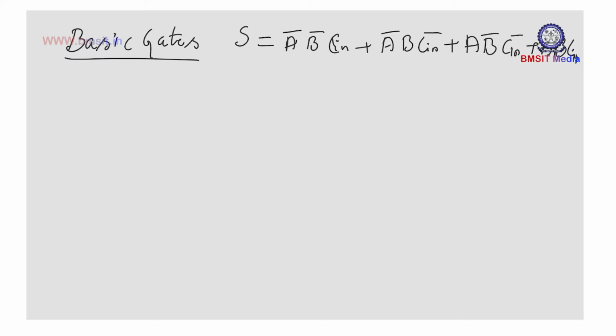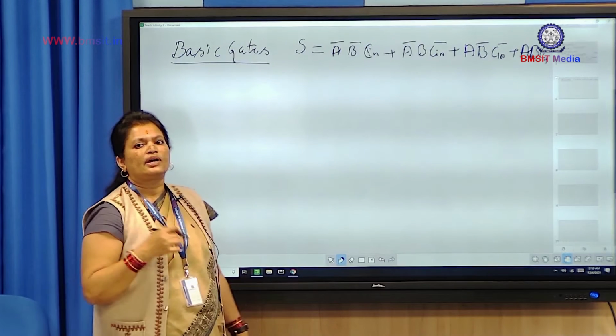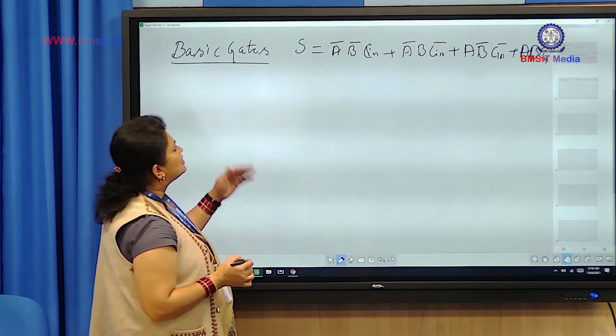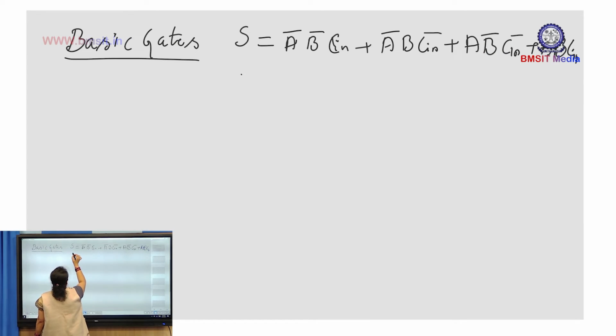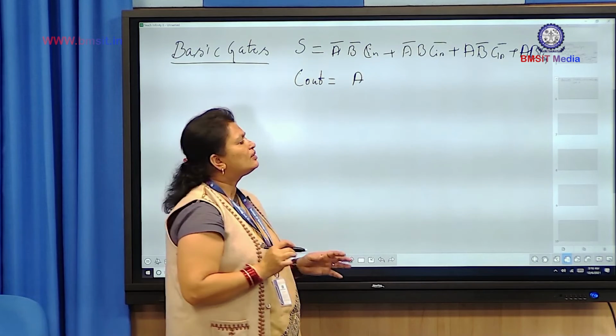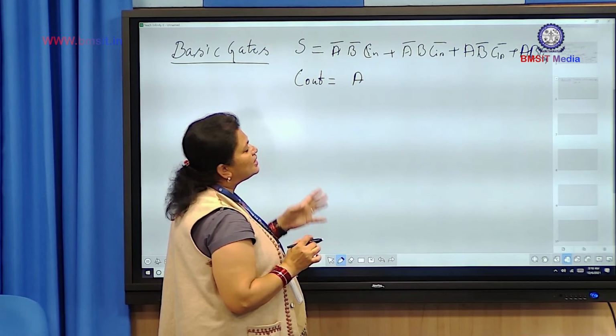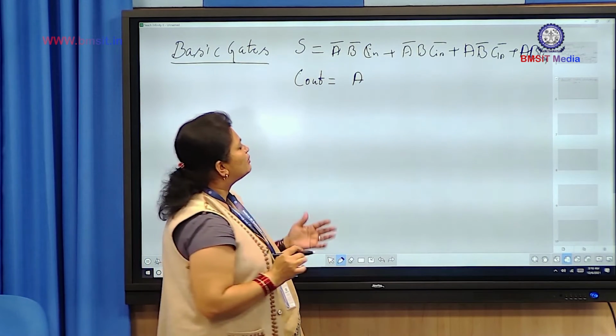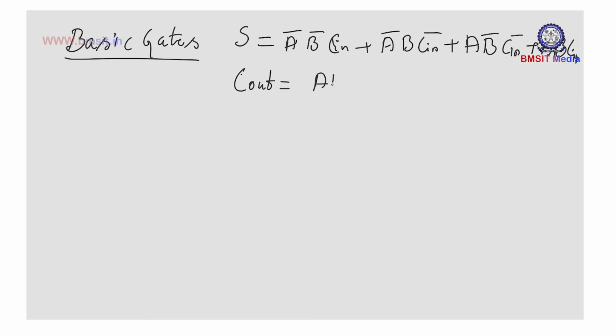So without simplification, because if you consider the simplified one, we have to use the derived gates. So the basic sum expression I have taken, and I will also consider the expression for carry out. So what is the expression for carry out? We can go for the simplified one because it uses just AND gates and OR gates without derived gates. So I will go for it. AB plus BC in plus AC in.